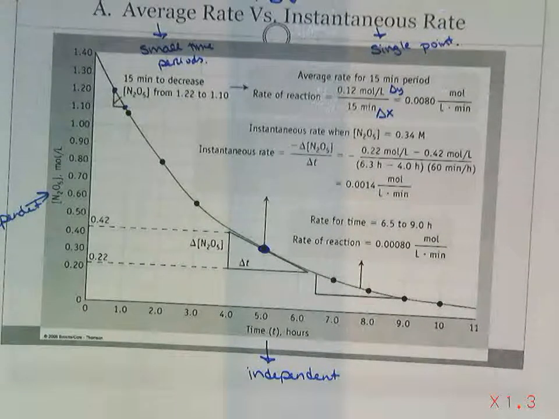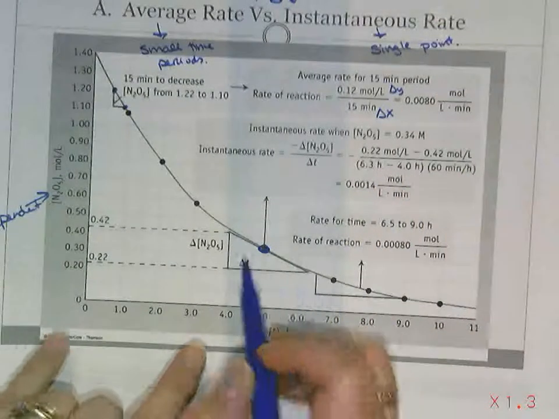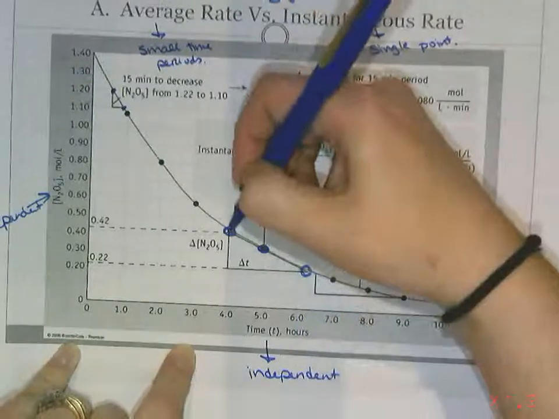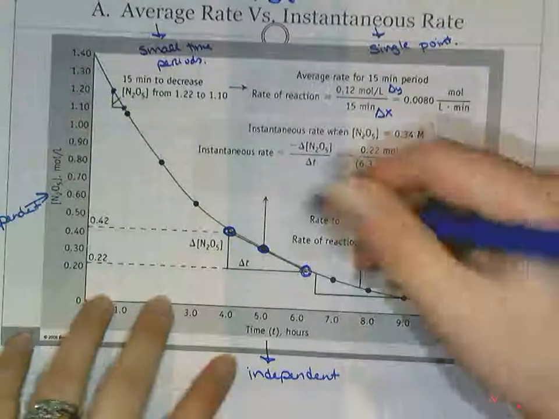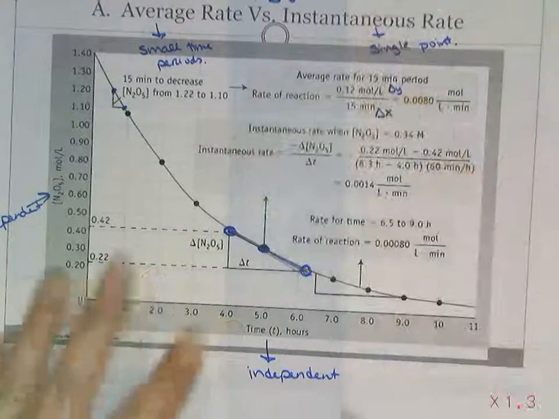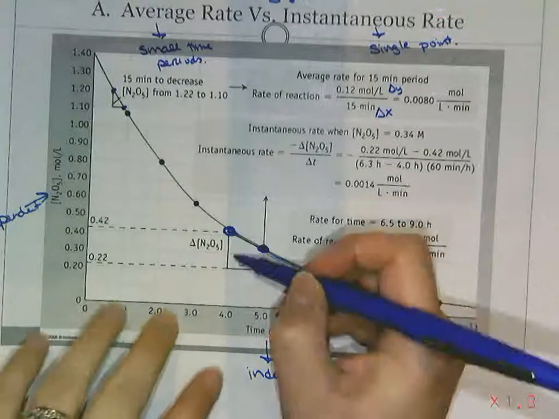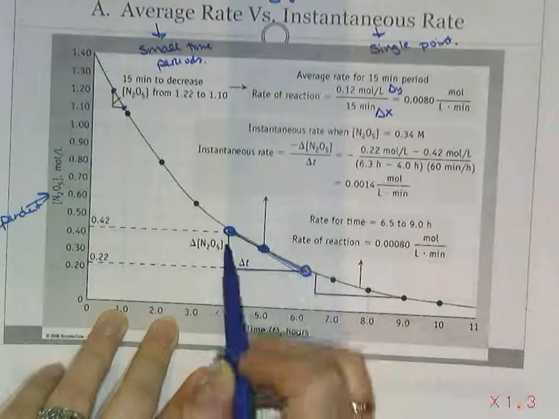What they're going to do is look at 2 points around it, this point, this point. You did tangent lines back in geometry. It's all right, we'll do them again. The tangent is the line that goes through those points, not necessarily on the curve. So it's near it, but not on it. They're picking this point and then doing the same calculation to figure out the instantaneous rate at that one point.